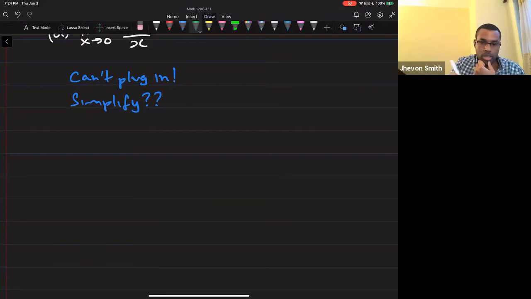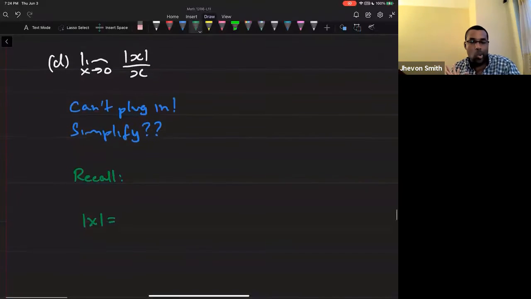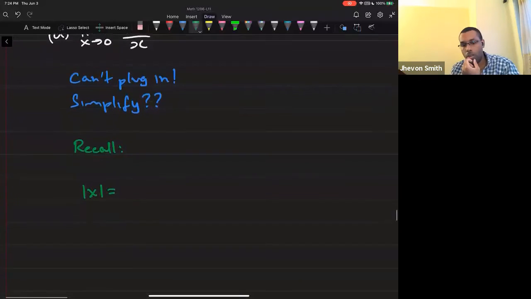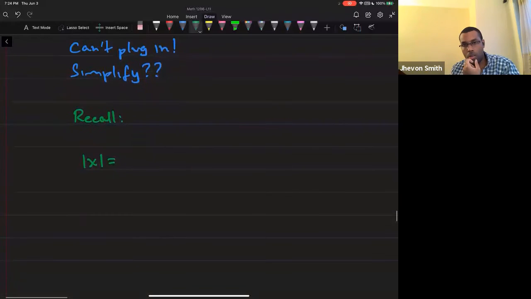We did talk about this in the first class, so maybe I could just recall. What does absolute value of x mean, right? If we're going to simplify it, we need to know what it means. Remember what we said it was?